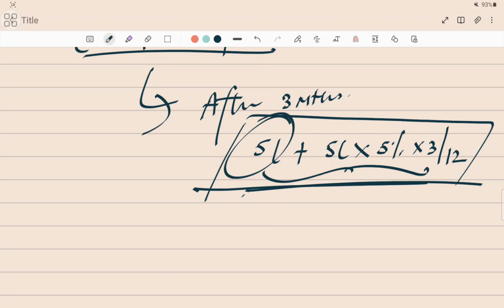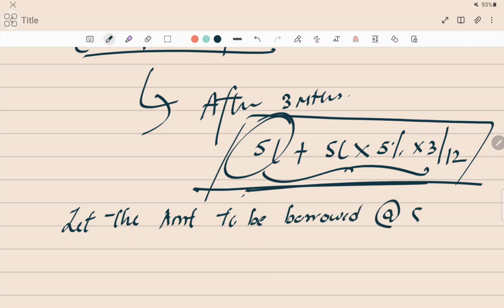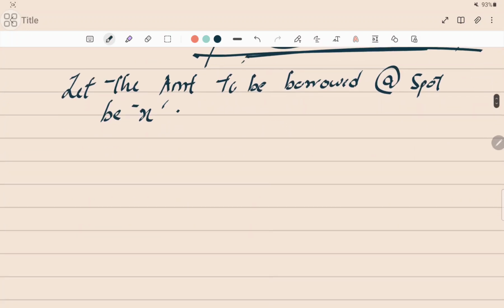So today how much will I borrow? I will borrow 5 lakh or less than that. Logically speaking, I have to borrow something less than that. So what is that amount that I borrow today? Let the amount to be borrowed at spot be X. How do I find out this amount?